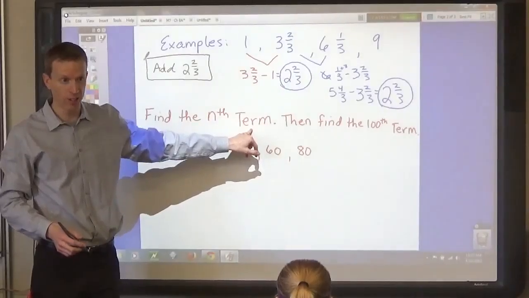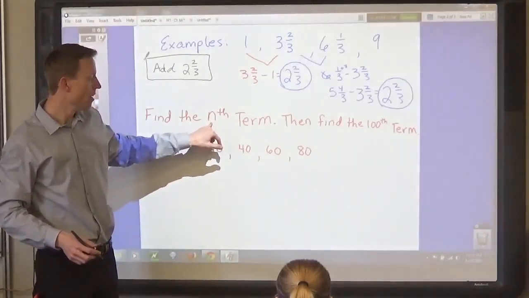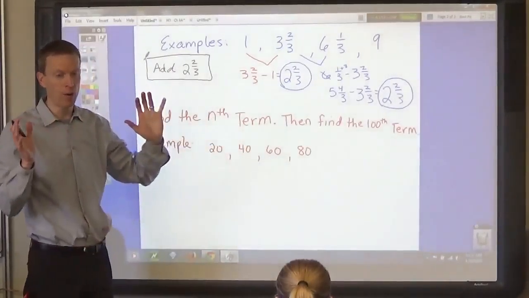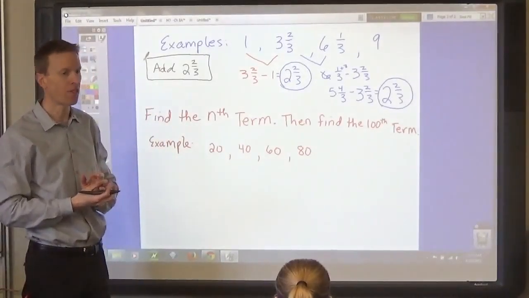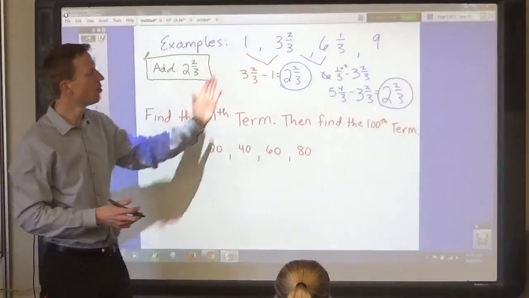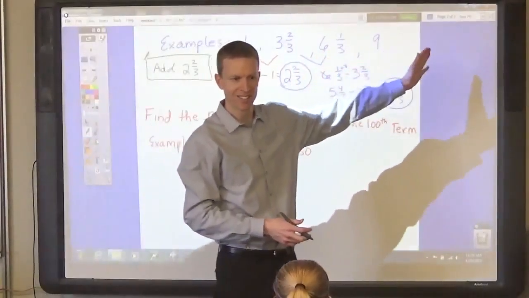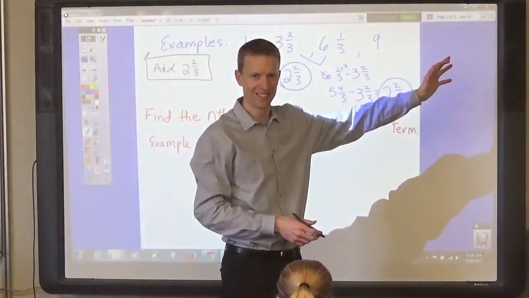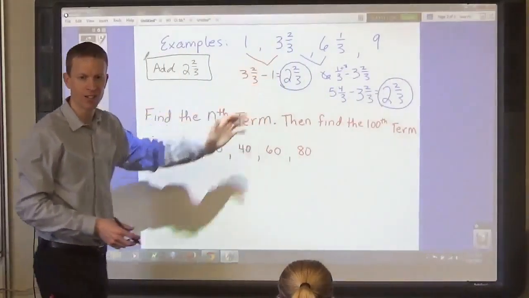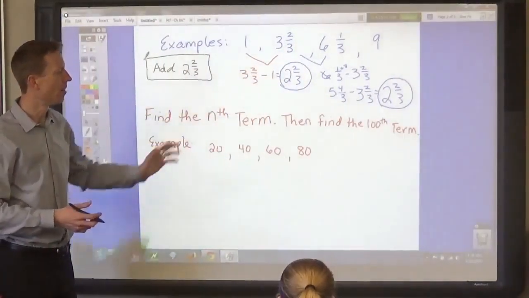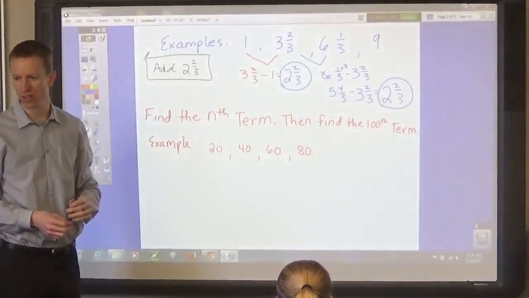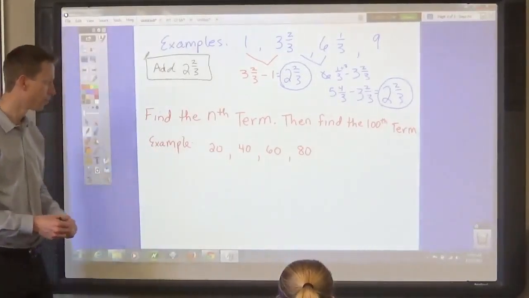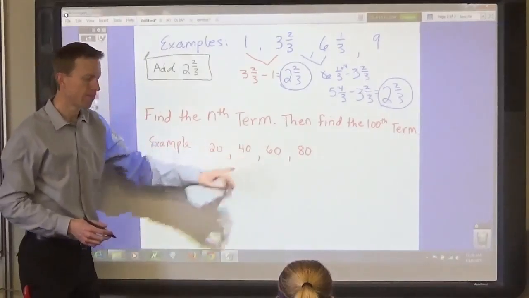A letter that stands for, in other words, any term that we wanted. What if we wanted the 100th term? Would you want to do this 100 times? No. There's a way to figure out the 100th term by finding the rule. So we're going to look at this one. Find the common difference.